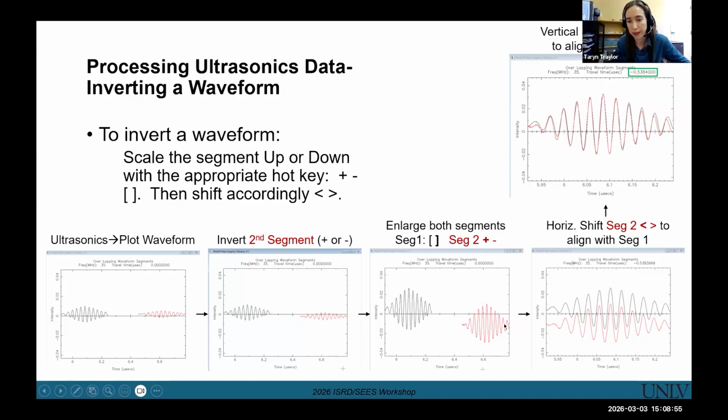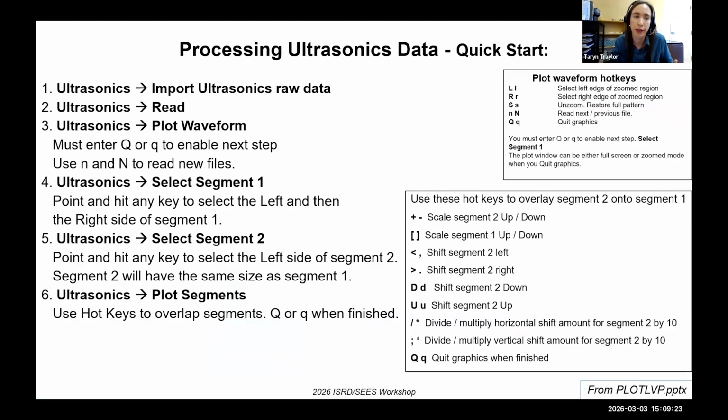I then will keep the second segment inverted and shift horizontally using the caret keys of segment 2 to align with segment 1, doing a rough alignment, and then proceed with the final vertical alignment of the waveform, with the red second segment overlaying segment 1, producing the time offset, the two-way travel time, in the upper right-hand corner. And with that, I'll just leave the instructions that you can find in the plot LVP PowerPoint.